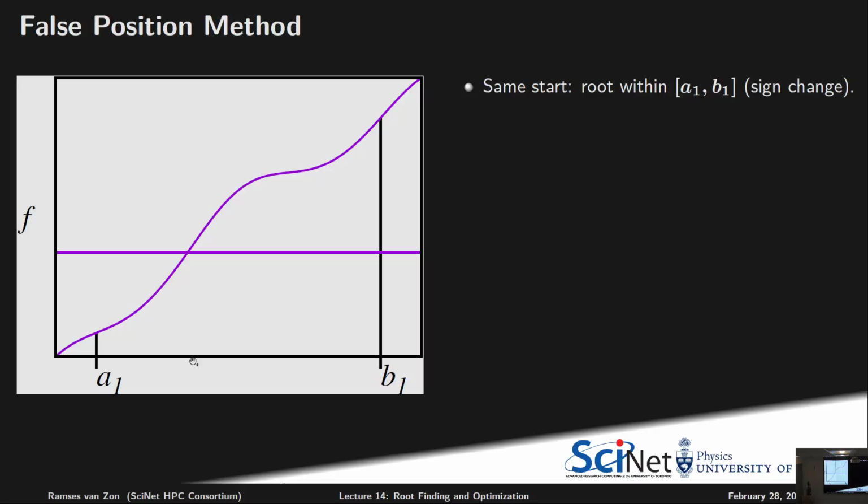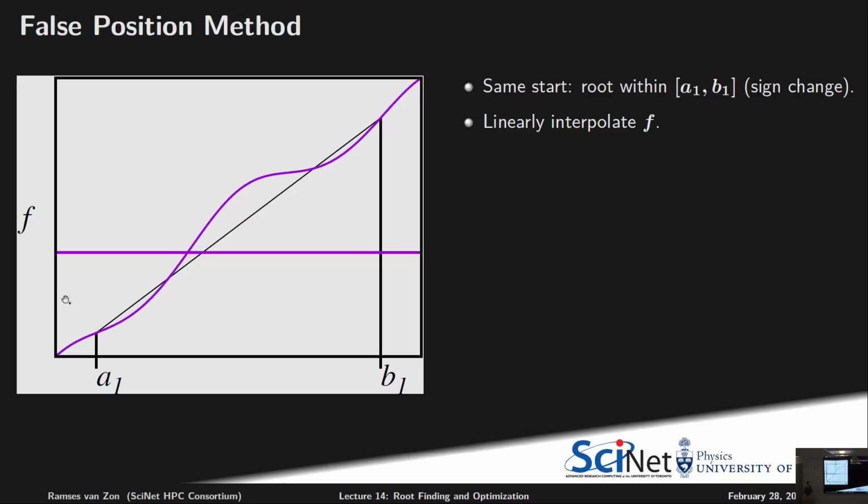And another sort of improvement on this is what's called the false position method. What that does, it starts the same way, but then rather than finding just a midpoint, which is kind of arbitrary and doesn't really have anything to do with the function, we're going to use the function values themselves to come up with a better point as our next guess by making a linear approximation to the function.